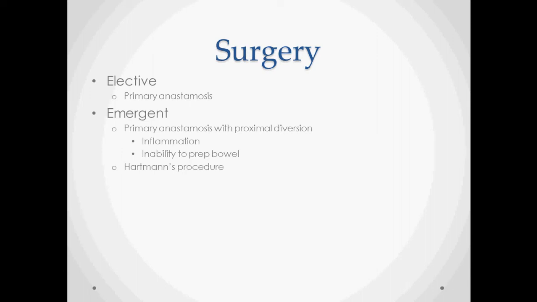It's not going to be as likely to take, and it's higher likelihood for infection. So, and then there's also the Hartmann's procedure, which basically means that you're going to do a colostomy, and you sew up the distal end of the resected colon, and in some cases you can go back and reanastomose the colon, but it doesn't happen sometimes.